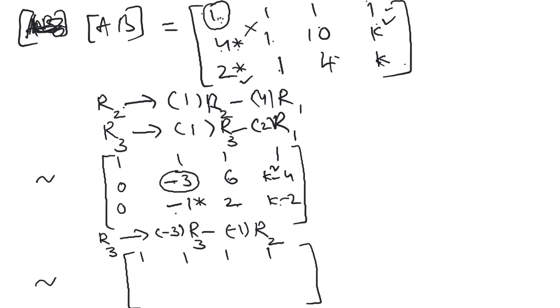So 0, minus 3, 6, k square minus 4. Only R3 will be affected. Now the elements to the left of the star will be the same, 0, and in place of the star I should write 0. Now for the rest of the elements just proceed with what I am saying.